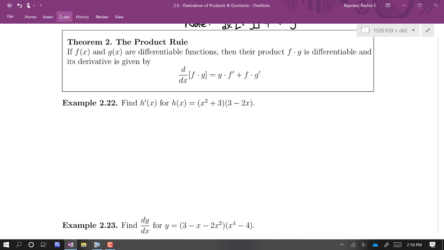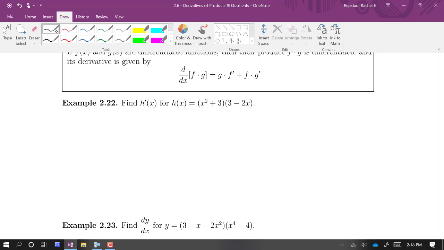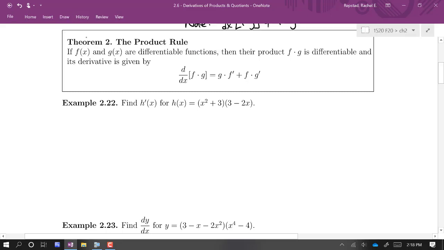So when we identify the product, we've got to just identify our f and our g. Our f function here will be the first one. With the product rule, it really doesn't matter which one's f and which one's g, because multiplication is commutative, but I default to letting the first function be f.